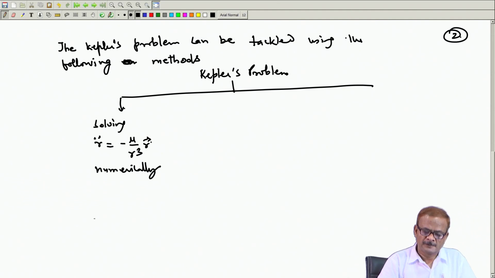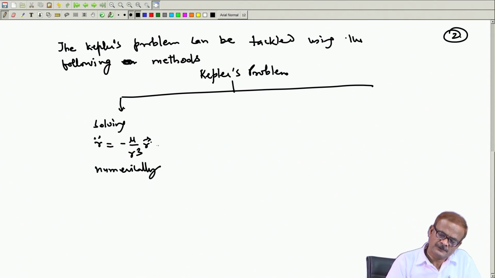This is one of the ways. In case you are considering the effect of other planets, you will have a perturbation term present here. Once we go to the three body problem, we will take all those things into account.